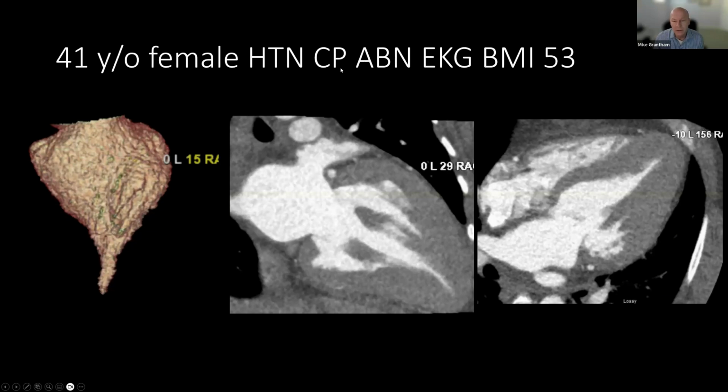And some of the tricks that you can use for these large BMI patients is you can slow your tube speed down, which will give you a little more dose. But you got to be careful. You can only really do that in patients who have low heart rates.